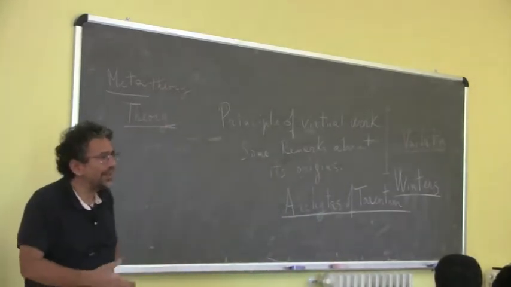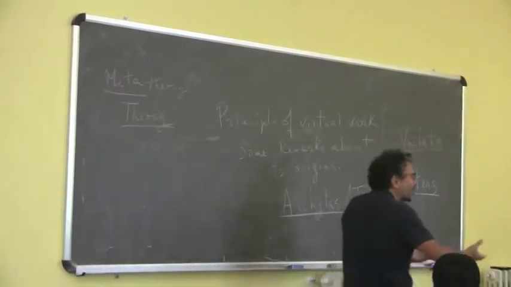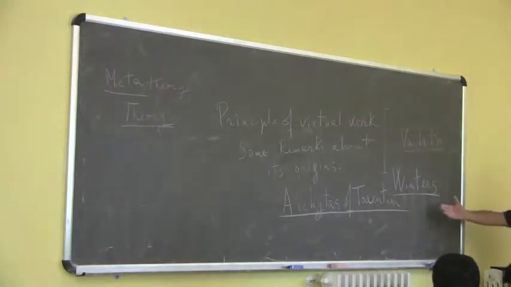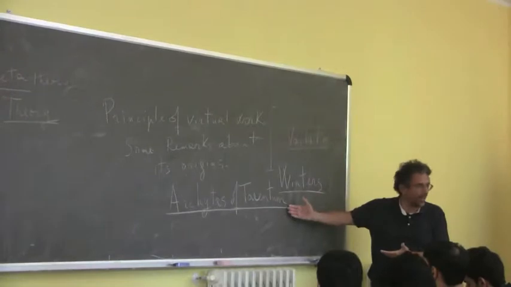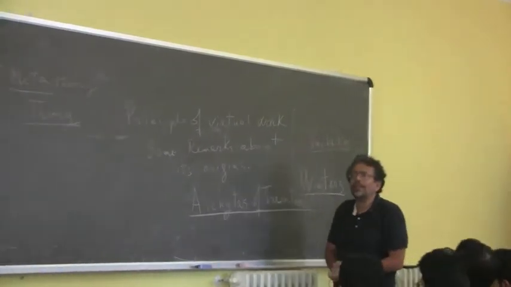Tarentum is a city in South Italy which has a very complicated history. Just for joking, I will tell you that Tarentum has been Greek, Roman, Islamic. There was an emir of Tarentum. Why?